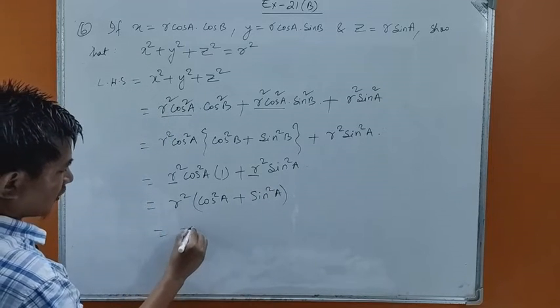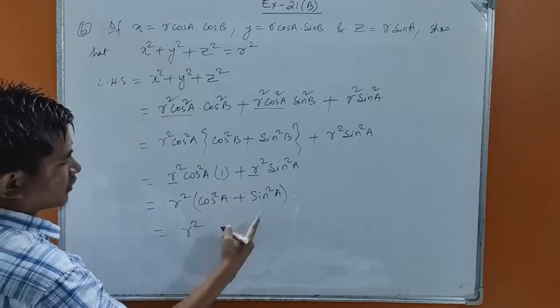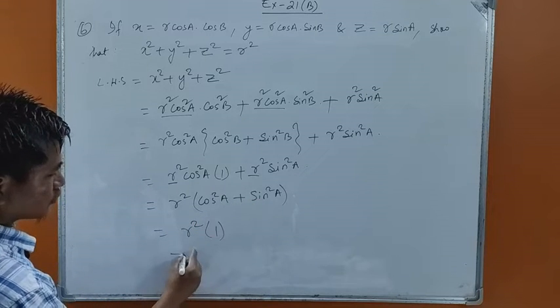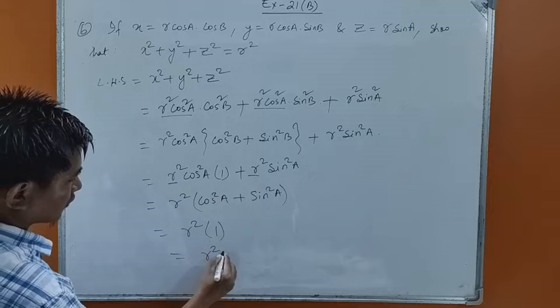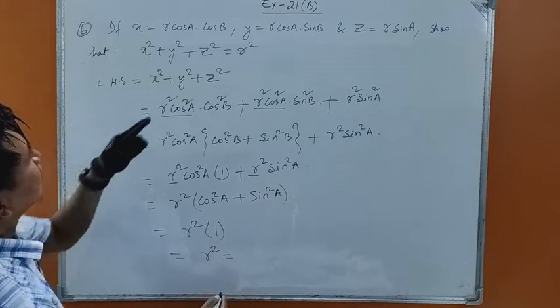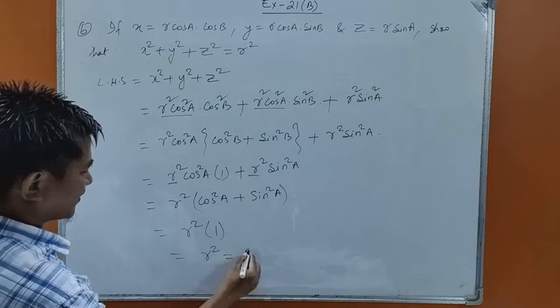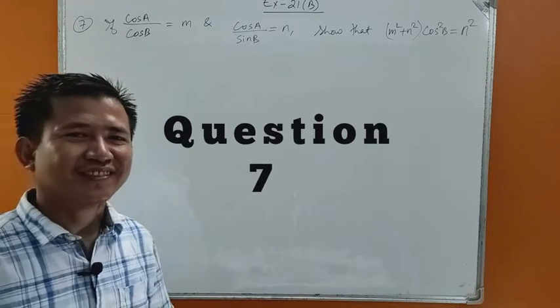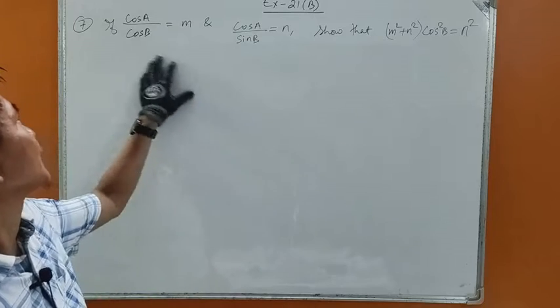So this is r square times cos square a plus sin square a, same thing, so this is 1. So r square into 1 is r square, equals RHS, isn't it? Hence proved.